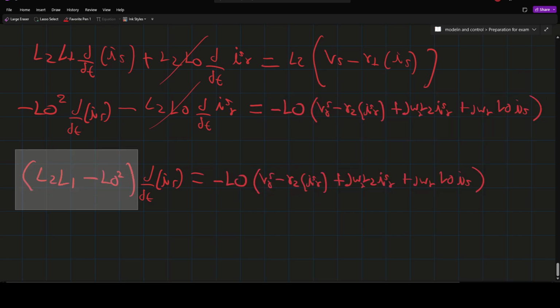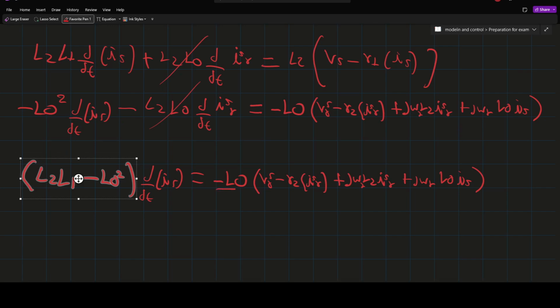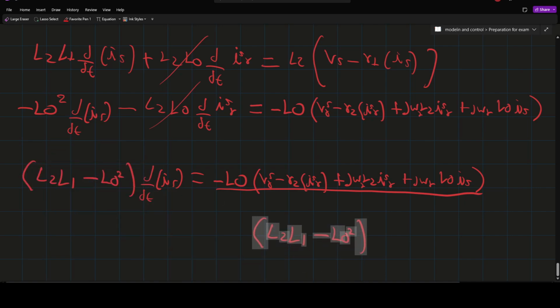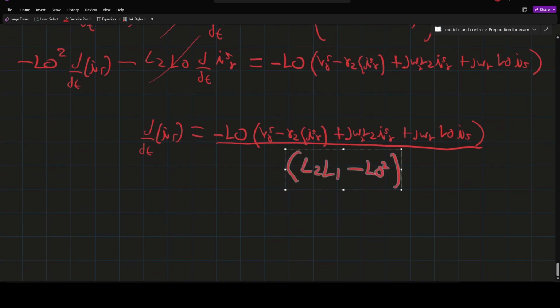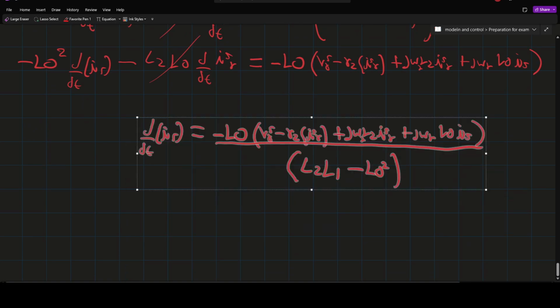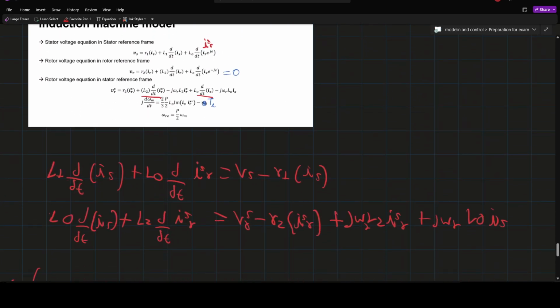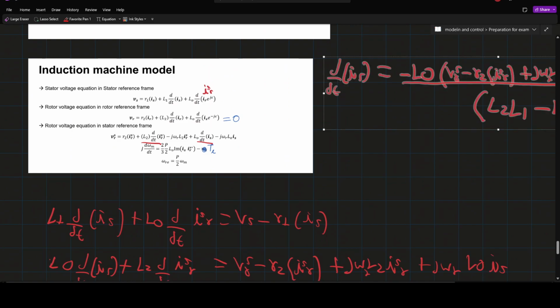So now we just need to divide both terms by this, and we get our first equation to find the current. So we have here our first equation.